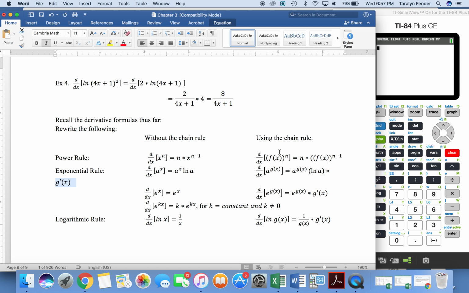Using the chain rule, it's going to be n times f of x, whatever that is, to the n minus 1, times f prime of x. And then the exponential rule we know is a to the x times natural log of a, but we could have a to the g of x. So we could have like 3 to the x up there. So that makes that another function. So now we have a to the g of x times natural log of a times g prime of x.